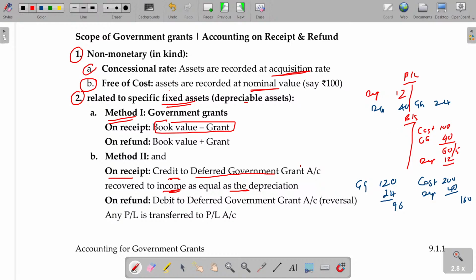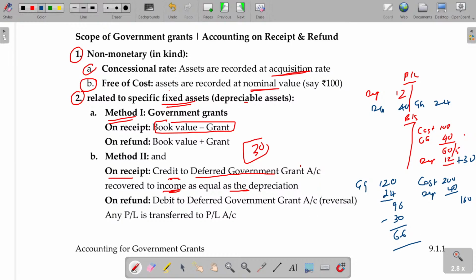Sometimes there may be conditions attached. If you fail to fulfill the condition, you have to refund. You got 40 rupees government grants. Sometime later, you fail to fulfill the condition and government recovers 30 rupees from you. In this case, in that year, you have to add the 30 back here. If 30 rupees is refundable, 30 is subtracted, and only 66 you have here.